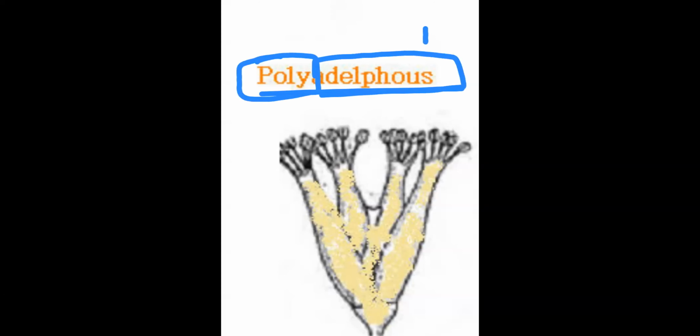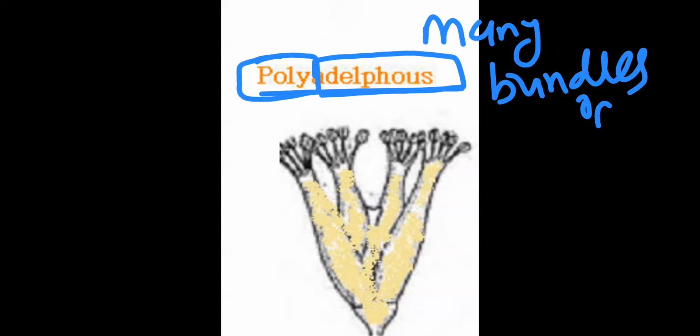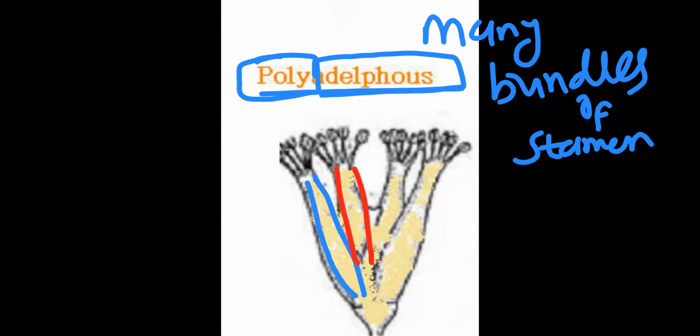Adelphous, many bundles of stamen. In that, this is the one bundle, then second bundle, third bundle, fourth bundle. One more thing that you should remember, in each bundle, an equal number of stamens is present.